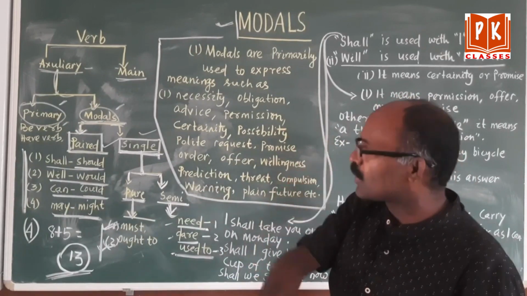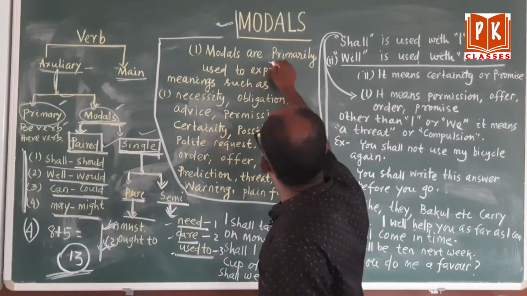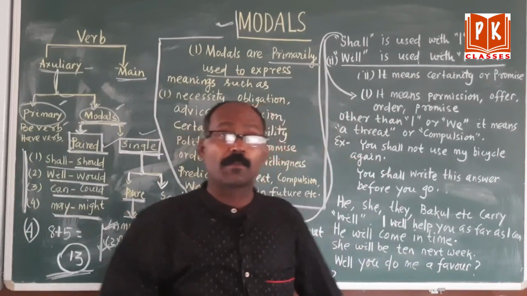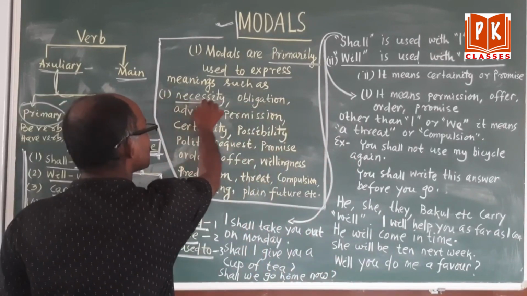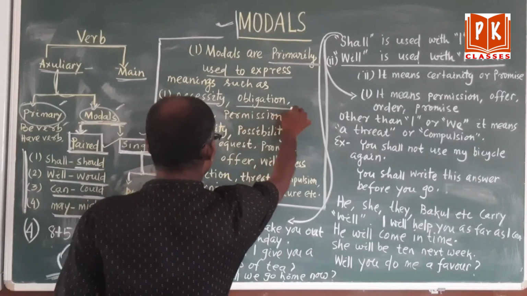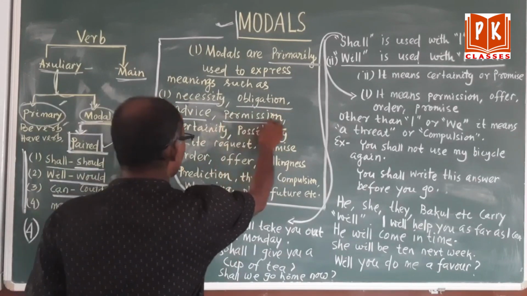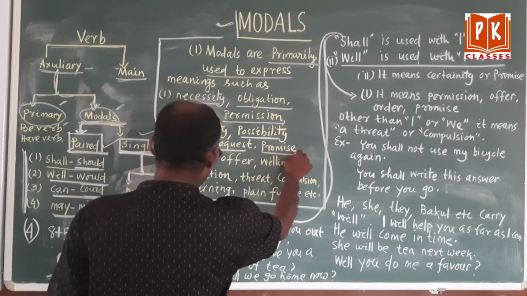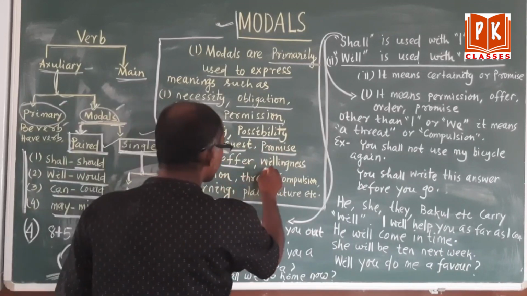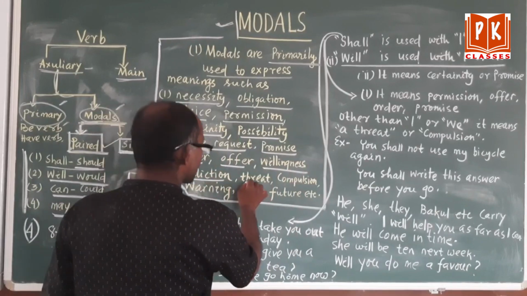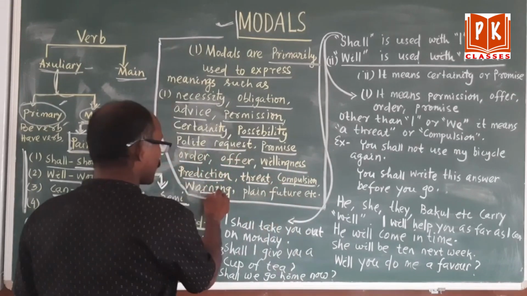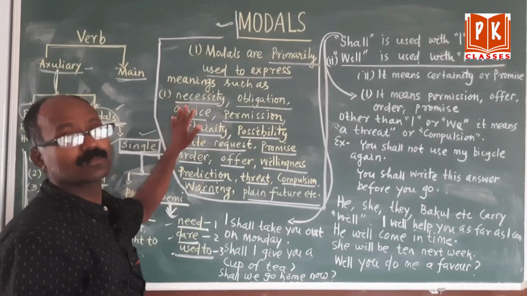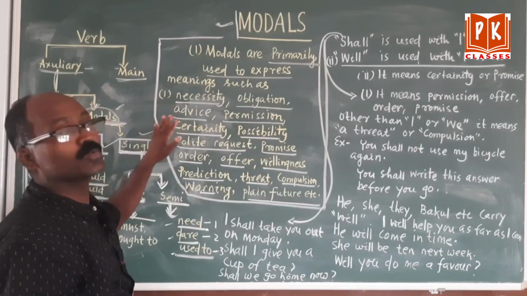Please remember, a modal is primarily used to express meaning. Modals give the meaning of necessity, obligation, advice, permission, certainty, possibility, polite request, promise, order, offer, willingness, prediction, threat, compulsion, warning, and plain future. For these reasons we are using modals.